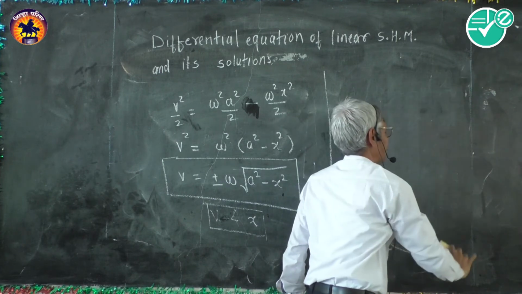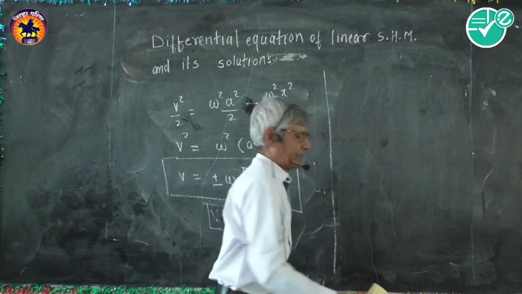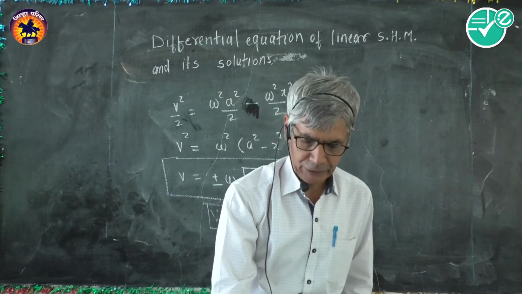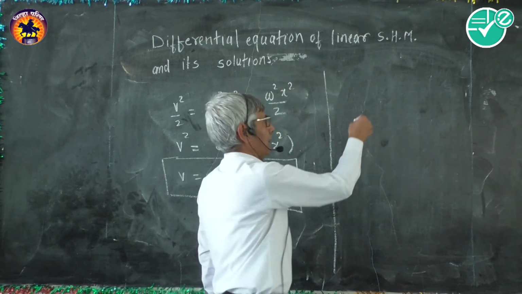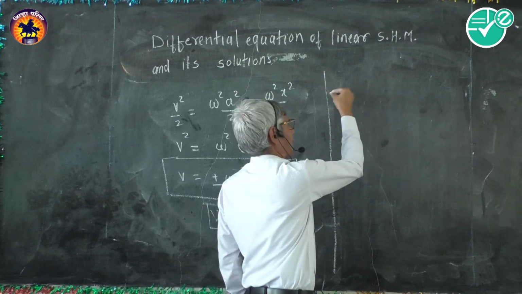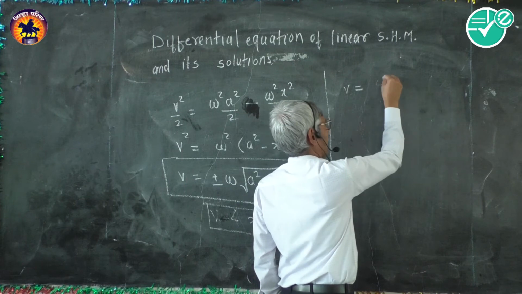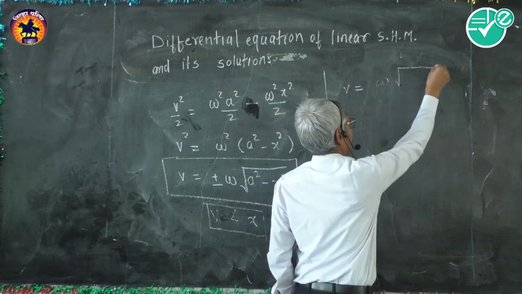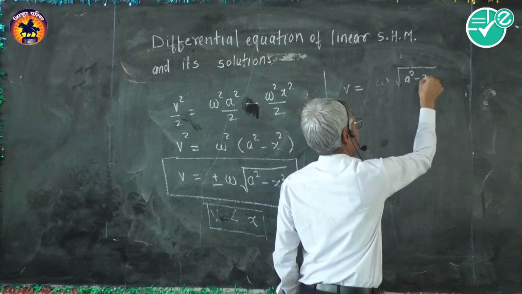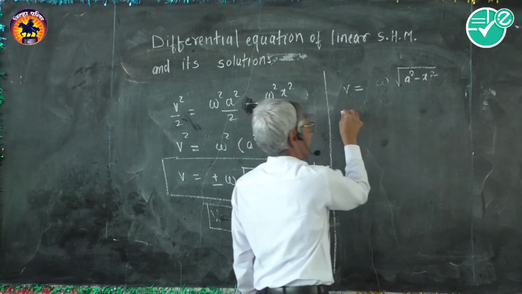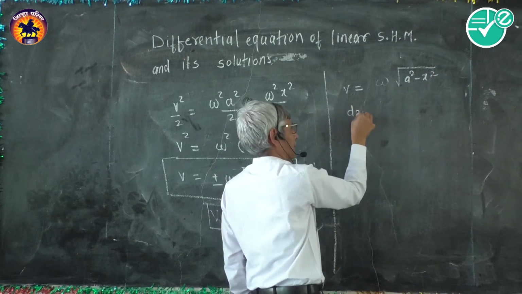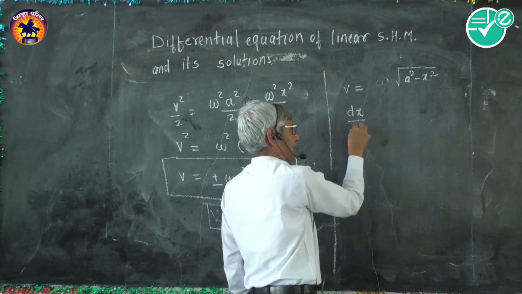That is the second solution. And this second solution represents the expression for displacement. So, taking the positive value of the velocity, v is equal to omega in the square root of a square minus x square. Rearranging the term, v is dx by dt.